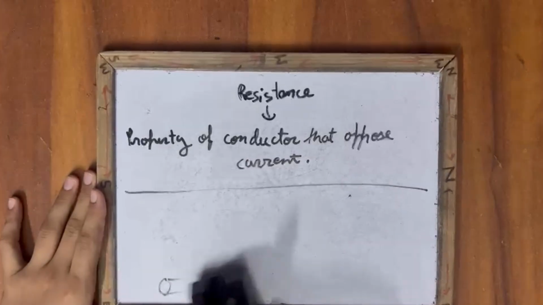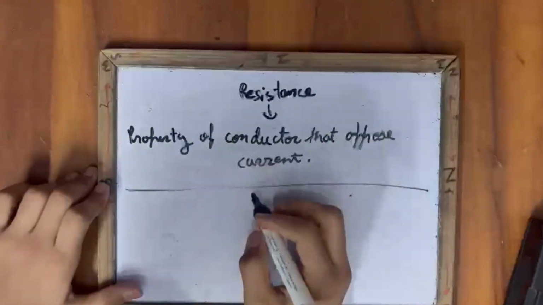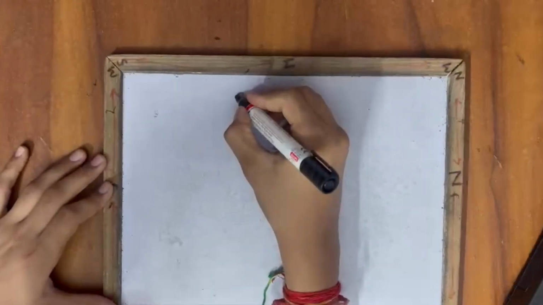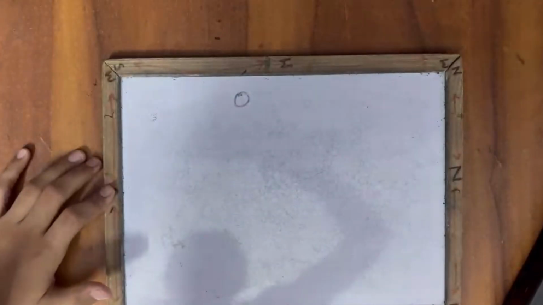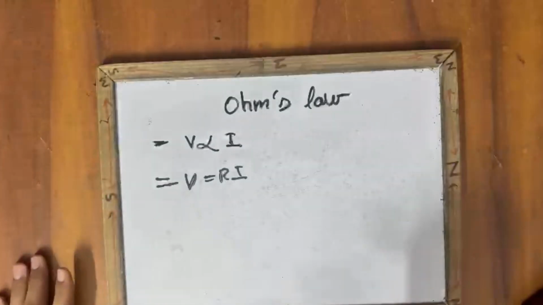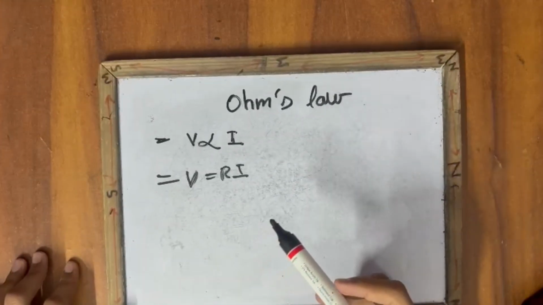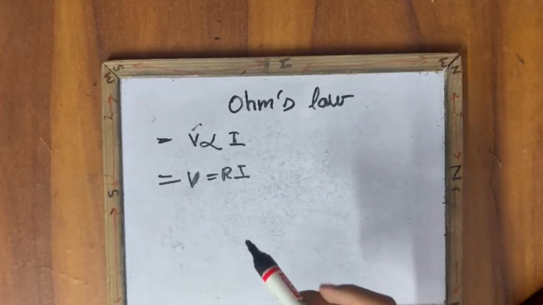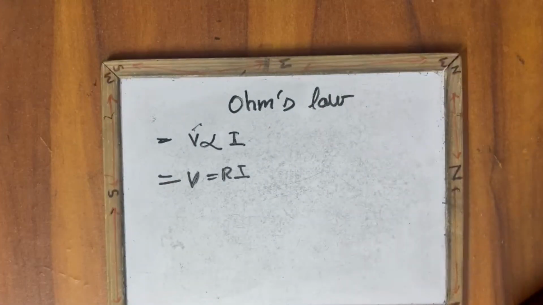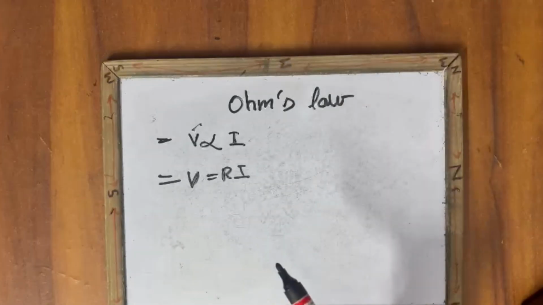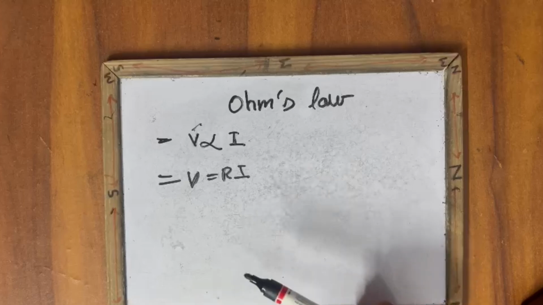Now let's study about Ohm's law. In Ohm's law, you don't have to learn much. Just learn that this is potential difference and this is current. Potential difference is directly proportional to current, and to remove the proportionality sign we add a constant, and in this case the constant is resistance.